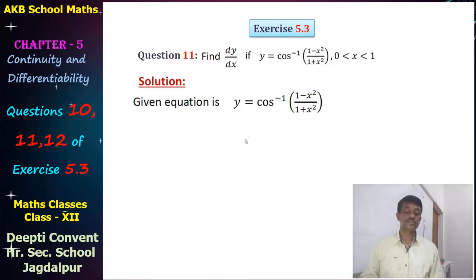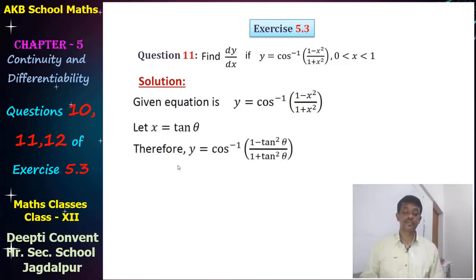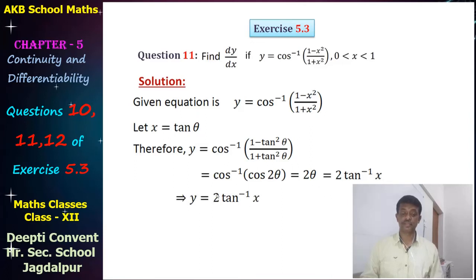Given the equation, x equal to tan theta, therefore we get this. This equals cos 2 theta, we know the trigonometric formula. That's why this equals 2 theta. Theta equals tan inverse x, so put tan inverse x. Now y equals 2 tan inverse x.